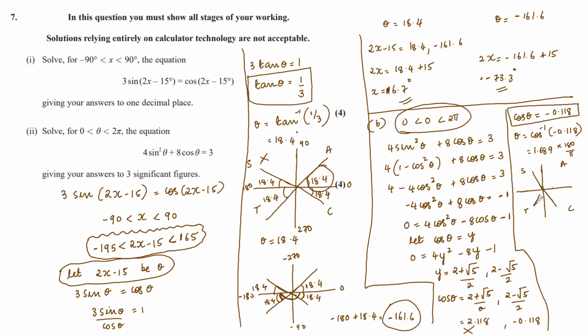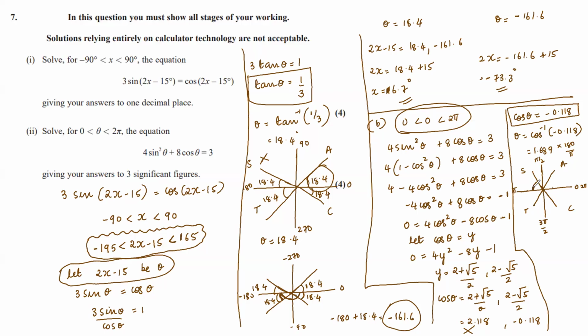We need an acute angle with the x-axis. So this portion over here, this is 1.689, which is not acute. So what we will do is we'll take pi minus it and find out what this angle is. That is pi, this is 0, pi by 2, pi, 3 pi by 2, and 2 pi.